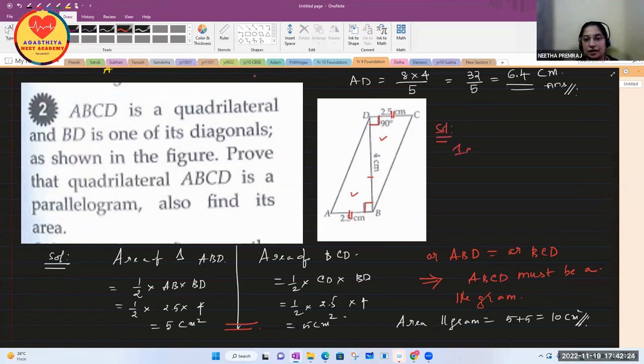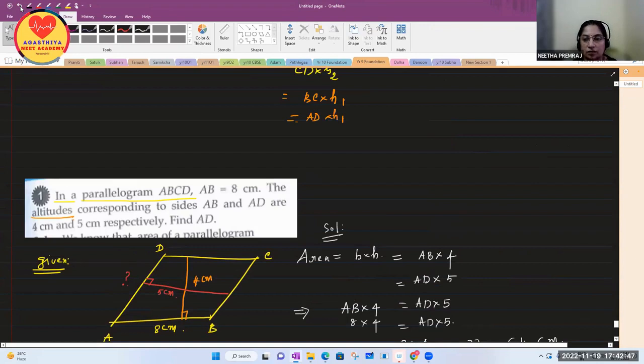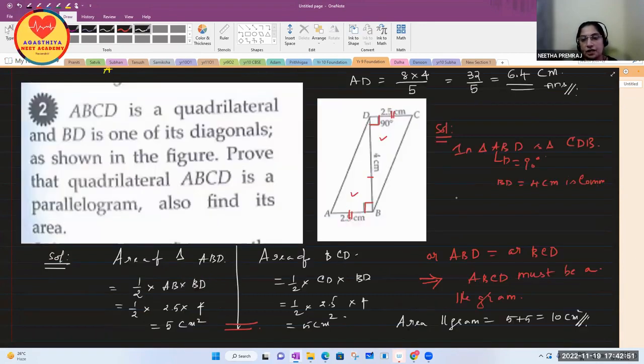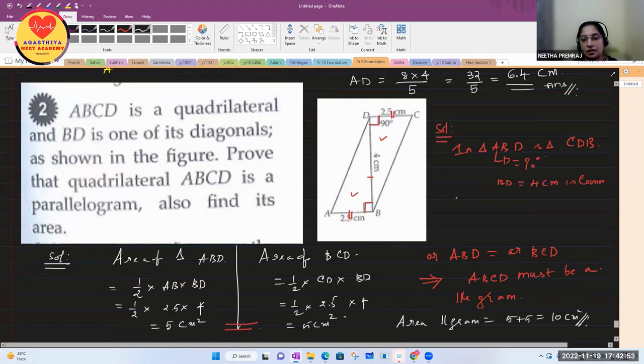In triangle ABD and triangle CDB, angle D is equal to 90 degree and BD is equal to 4 centimeter and it is common, isn't it? And AB is equal to CD, that is 2.5.